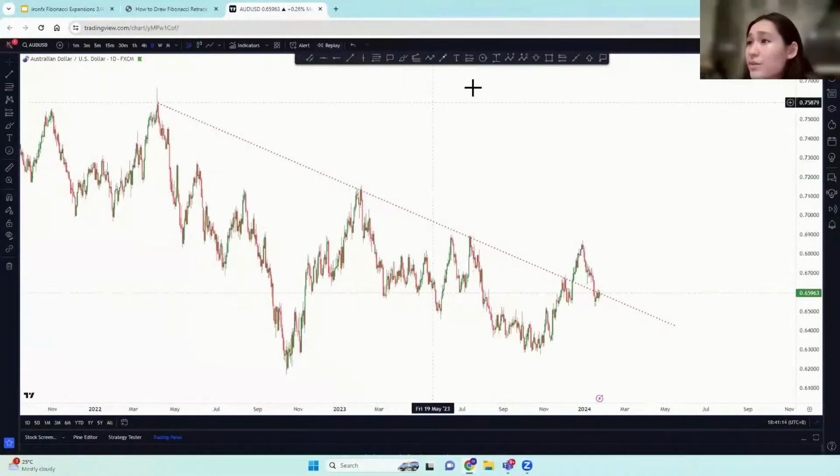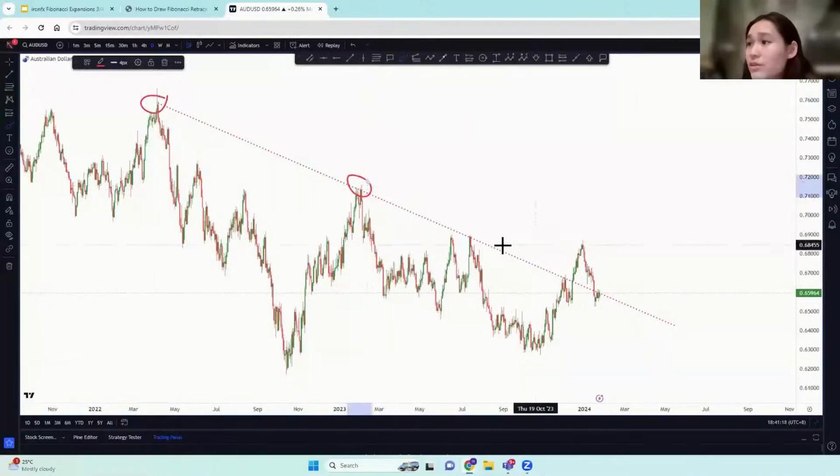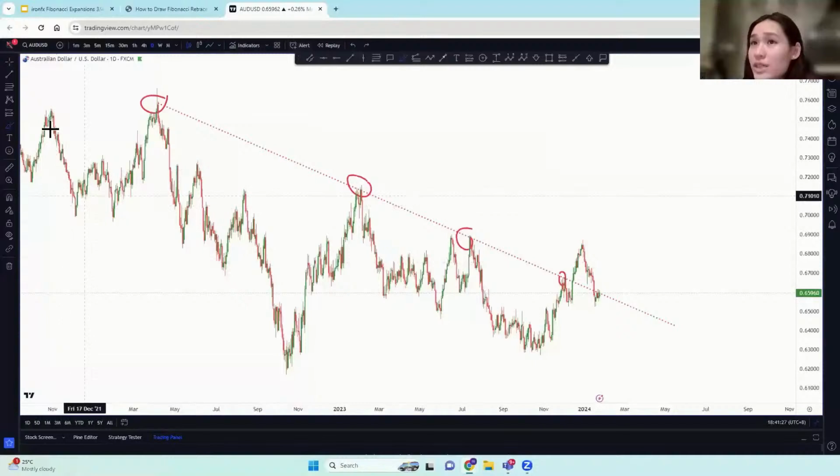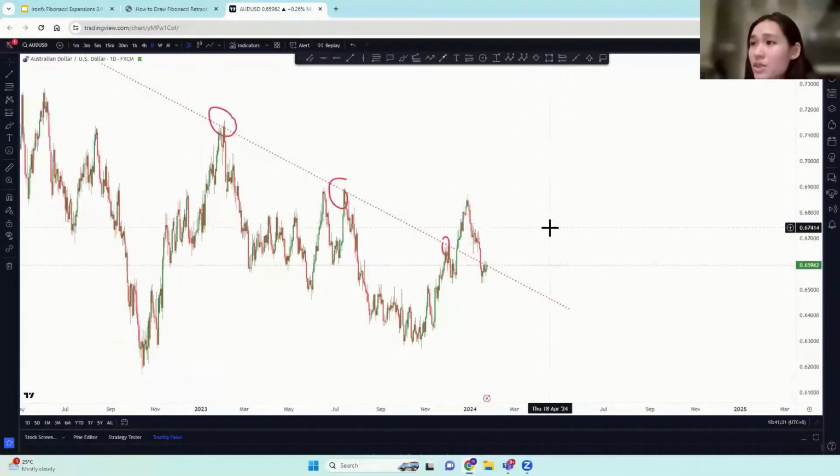Okay, so we have a really nice trend line over here. 1, 2, and 3 touches. You can see price recently broke out of the descending trend line. So there is a bit of a bullish signal over here.